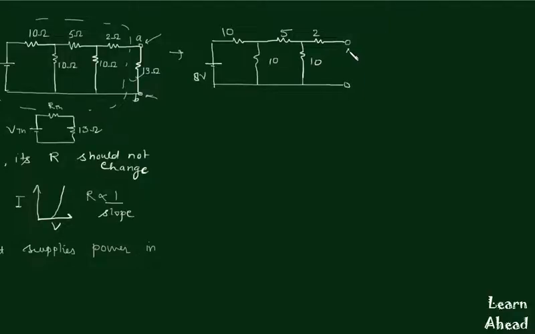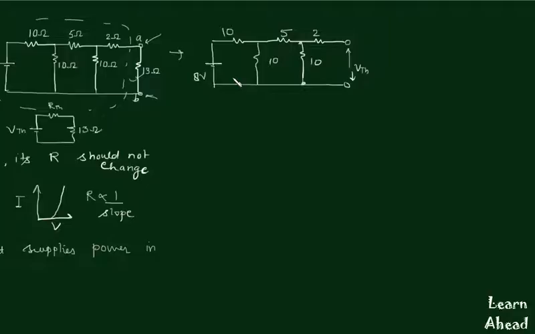So this voltage will be Thevenin's voltage, and it is very easy to find using KVL and KCL. You can find voltage across this, and as this is open, so there will be no current in this resistor. So this voltage drop will be equal to this voltage drop across this resistor, and you can either use KVL and KCL or you can use mesh analysis.